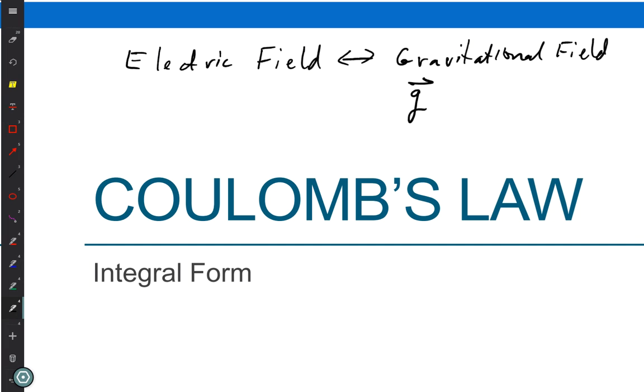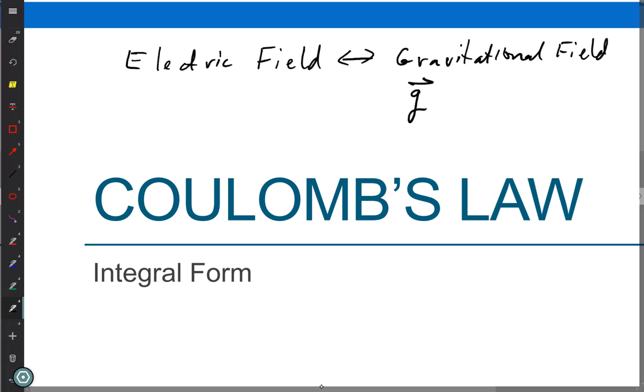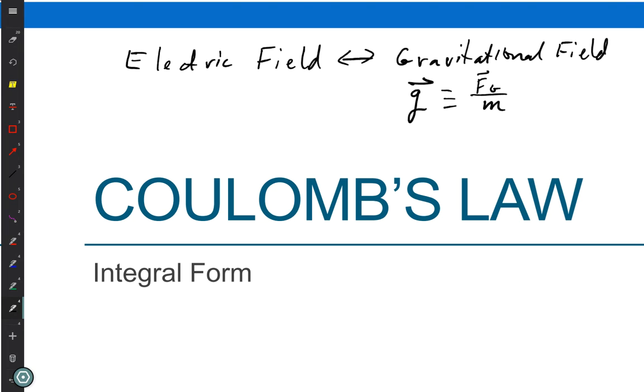The gravitational field was defined as, this is the definition, the force of gravity, what you were describing, divided by mass. And it was from that relationship that we used the weight of an object, force is equal to mg, because g was by definition the gravitational force divided by mass.